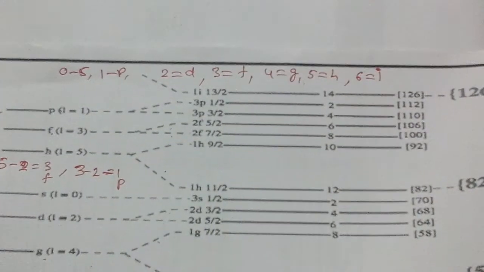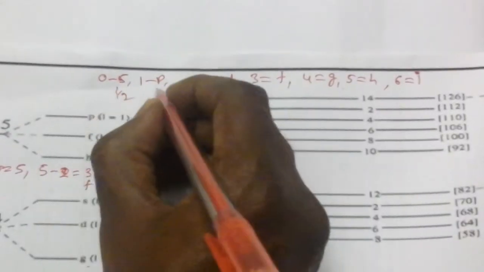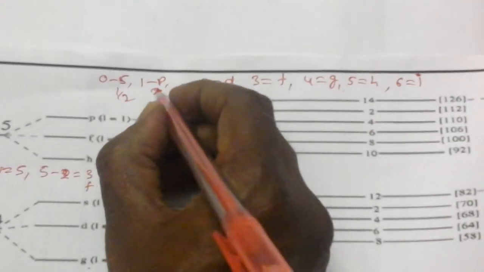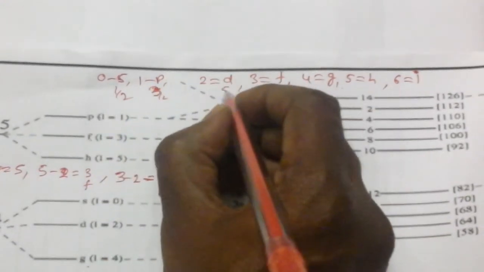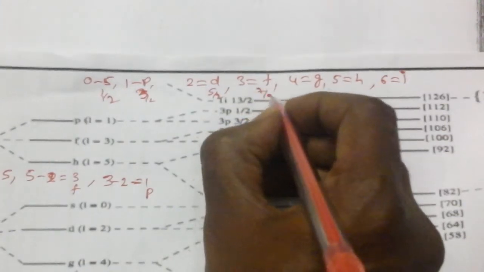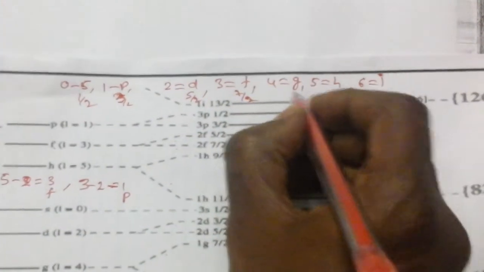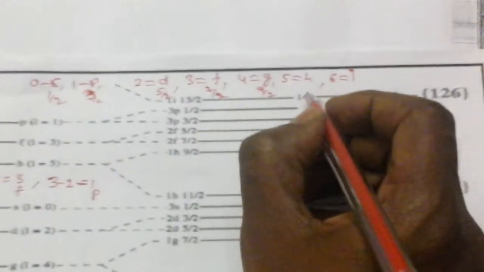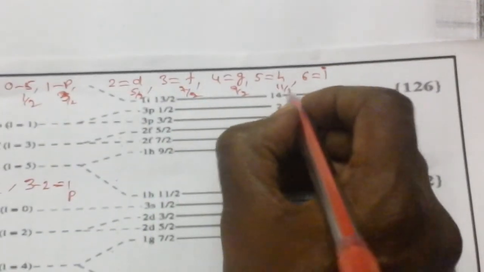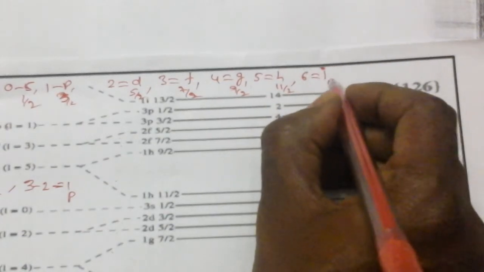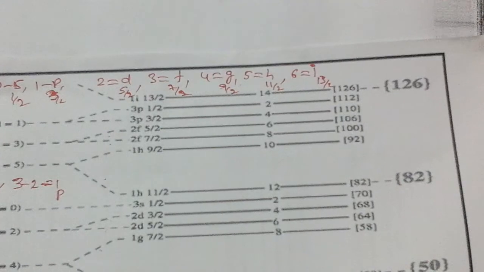So here the distribution starts 1 by 2, it starts 3 by 2, it starts 5 by 2, it starts 7 by 2, it starts 9 by 2, it starts 11 by 2, it starts 13 by 2. So like this you can get it.